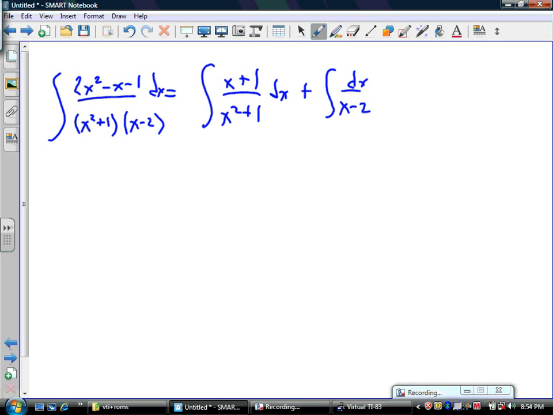Can't you? Let's see. Let's start here. What's the antiderivative of 1 over x minus 2 dx? ln of absolute x minus 2. What is this one, though? That's not so obvious. If u is x squared plus 1, that ain't du. But wait, it's not that bad.